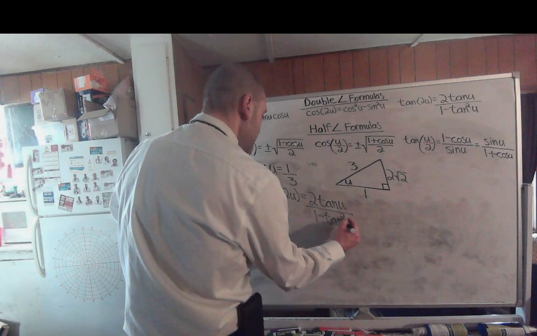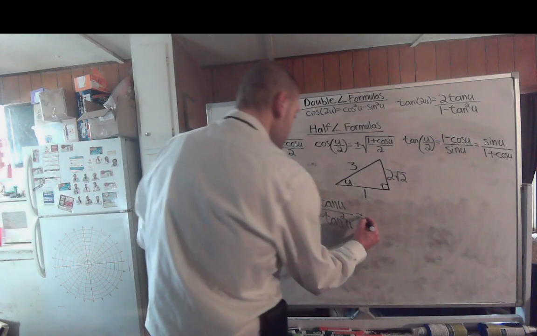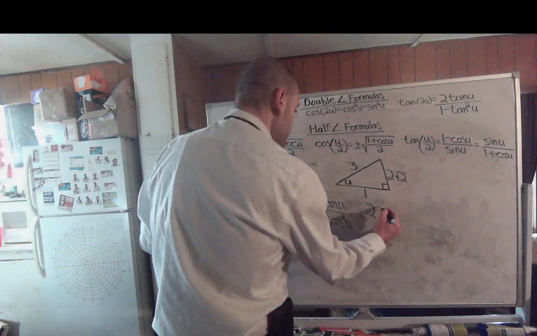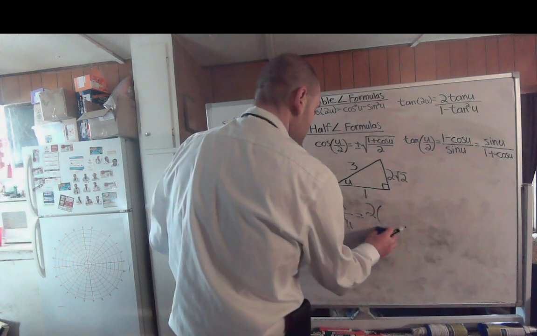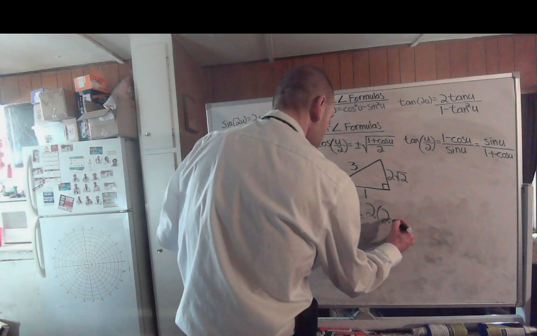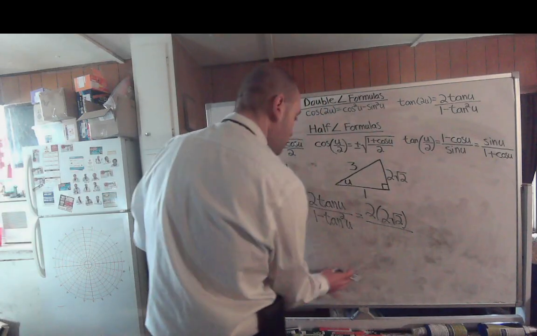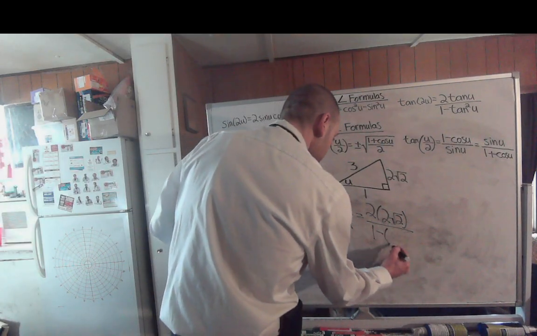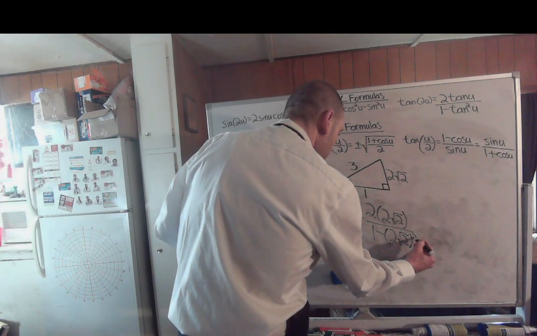So 1 minus the tangent squared of u. So in the numerator, you'll take 2 times the value of the tangent of u, which in this case would just be 2 times the square root of 2, all over 1 minus that quantity of 2 times the square root of 2 squared.